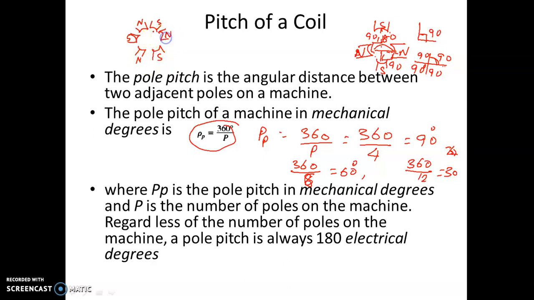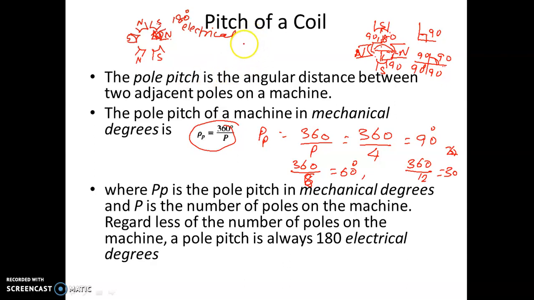Between this north and south, the mechanical angle is 60 degrees. But the electrical angle between one north and south pole will be 180 degrees electrical. This is the very interesting thing. 180 degrees electrical will be between any two consecutive north and south poles, but the mechanical angle here is 60 degrees.